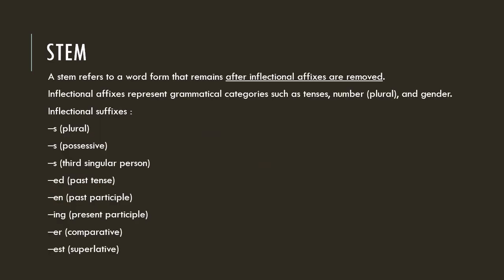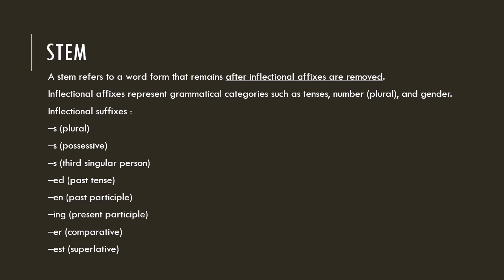Alright, now let's get to know about stem. A stem refers to a verb form that remains after inflectional affixes are removed. Okay, so in the previous discussion we talked about base. Base deals with any kind of affixes, either derivational or inflectional.